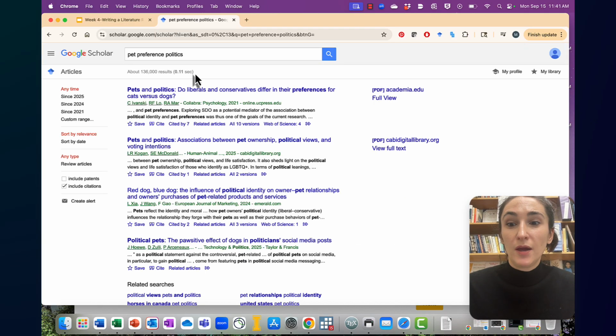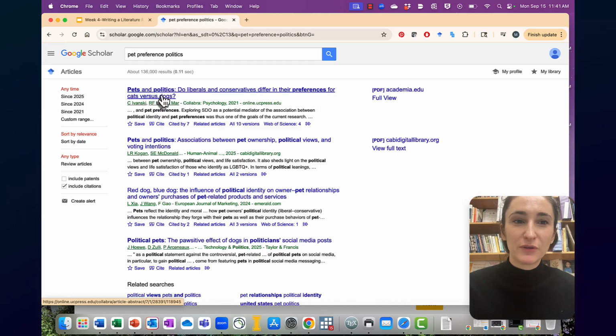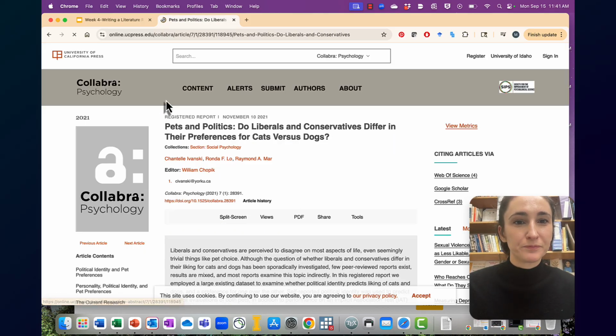I would recommend going to Google Scholar. And what you can see here is I am interested in how politics shapes pet preferences. Who knew? And so I've typed in pet preferences politics. Pets and politics: do liberals and conservatives differ in their preferences for cats versus dogs? Right? And I click on it.